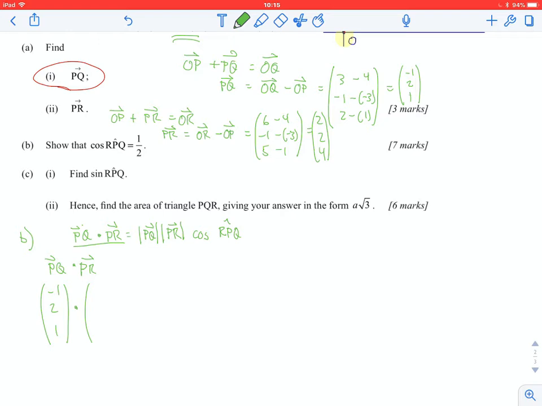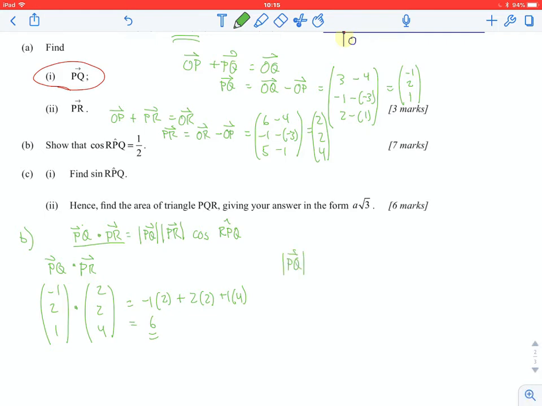The dot product of that with PR, which is 2, 2, 4, means we take -1 times 2, plus 2 times 2, plus 1 times 4. We add those together, -2 plus 4 plus 4, and we end up with 6 as that dot product. We also want to find the magnitude of PQ.